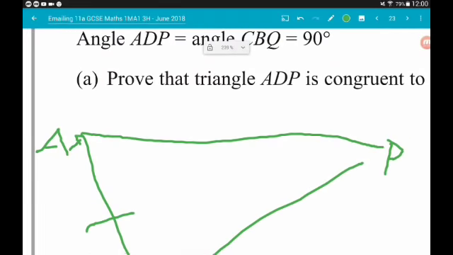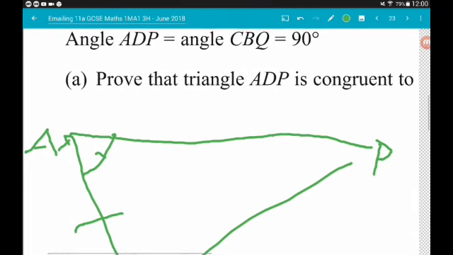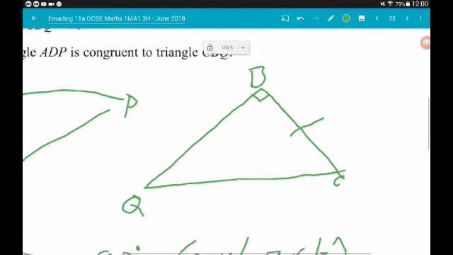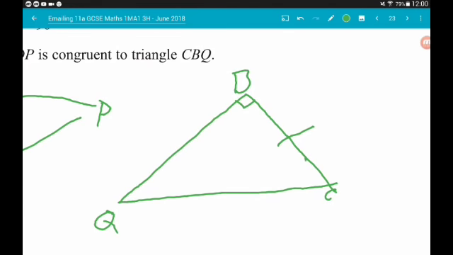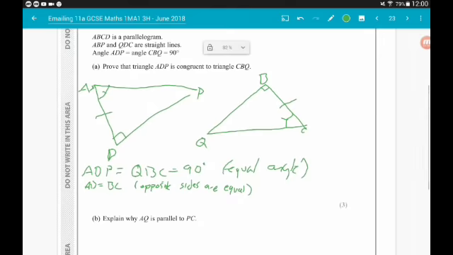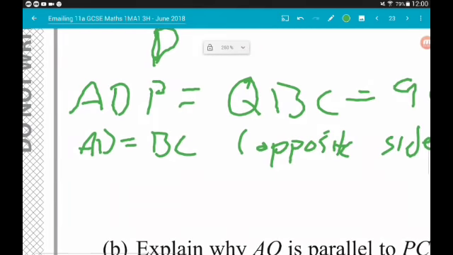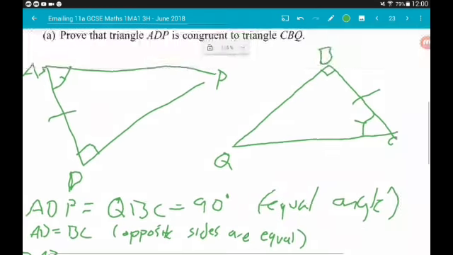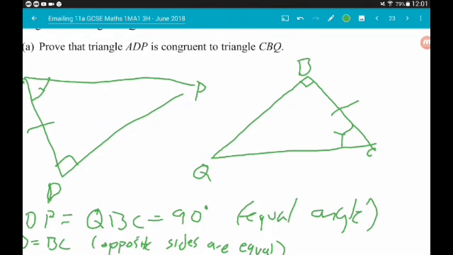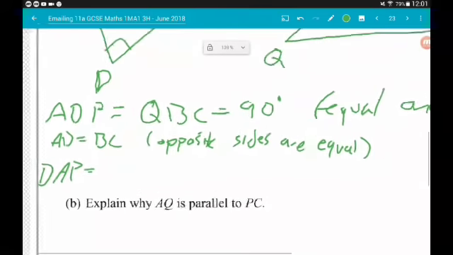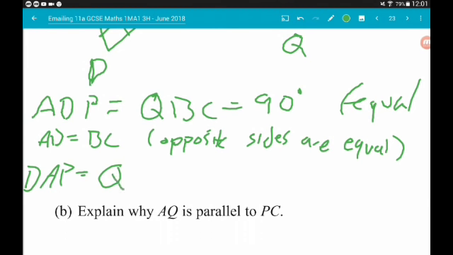So we can now say angle DAP is equal to angle QCB, again, opposite angles are equal.